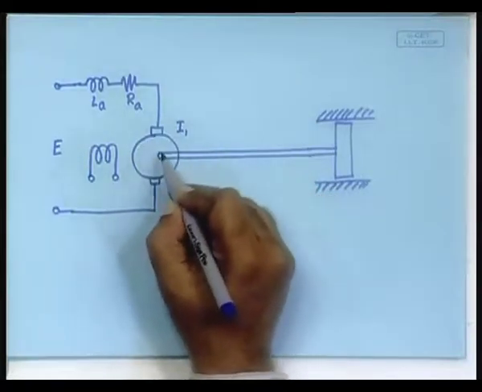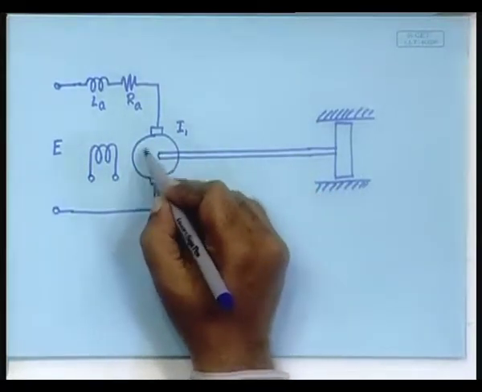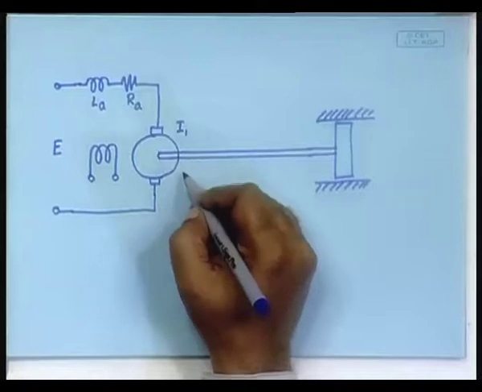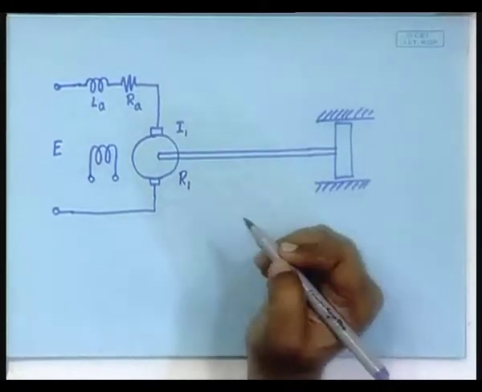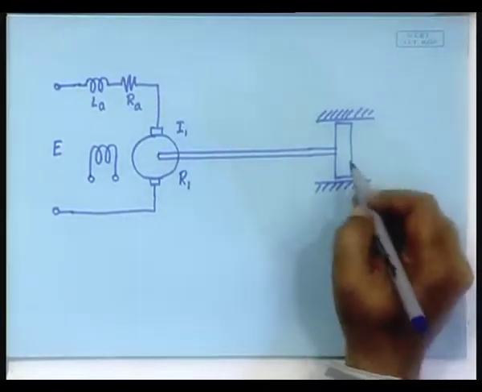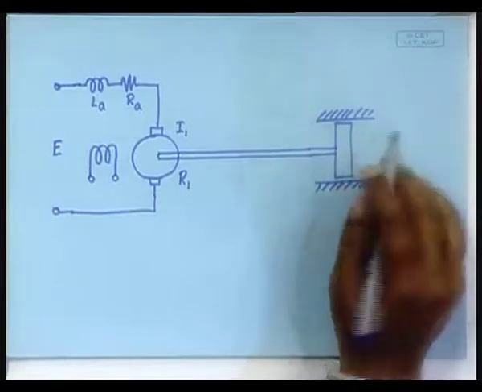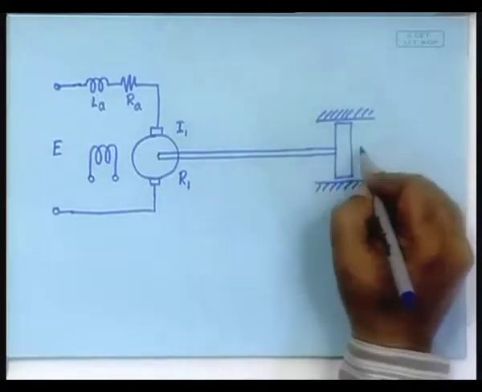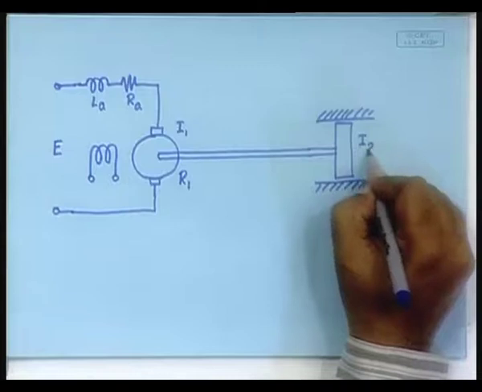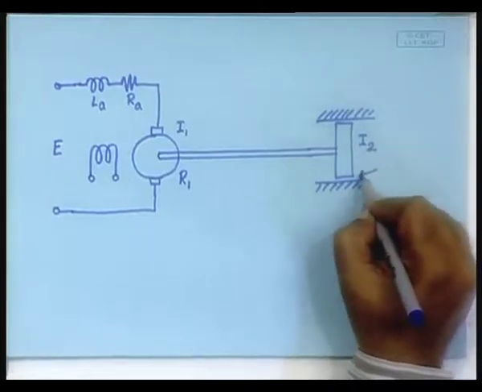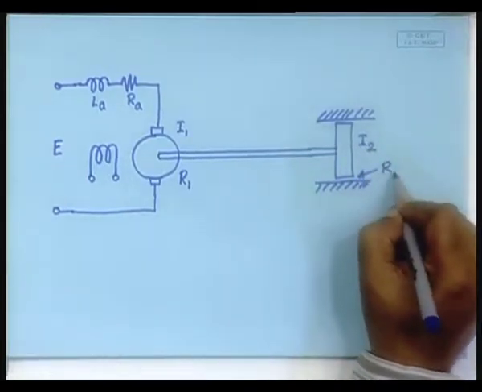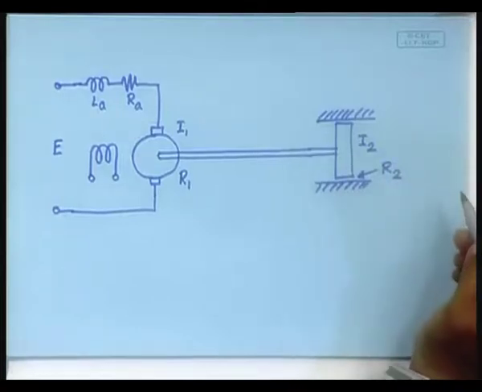Here there will be a bearing, and the bearing will have some friction. So, assume that to be R1. Similarly, this disc will have a moment of inertia, call it I2, and another bearing friction called R2. Fine.